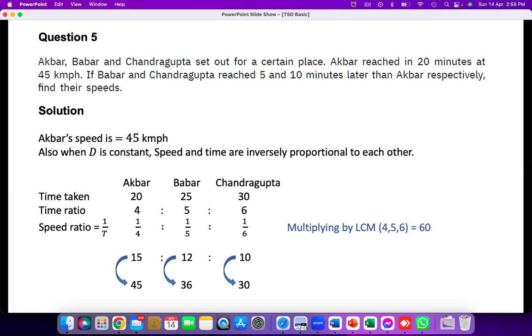Then 12 into 3, 36, and 10 into 3, 30. So speeds are 36 and 30 respectively. Is that fine, or is there any confusion? Done? Okay, sir.